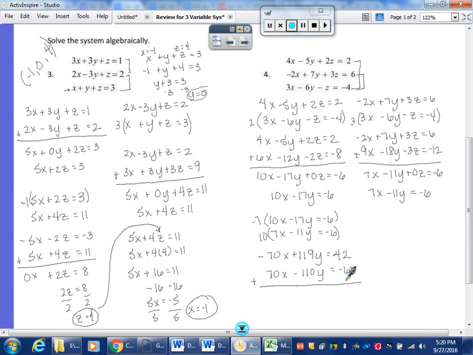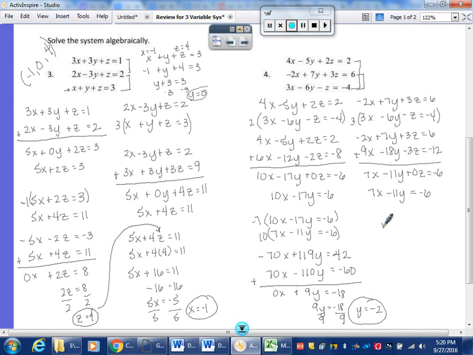Add those two together, the x's cancel out, and so we get plus 9y is equal to negative 18. So just 9y is equal to negative 18. If you divide both sides by 9, you get y is equal to negative 2. That's a nice pretty number.